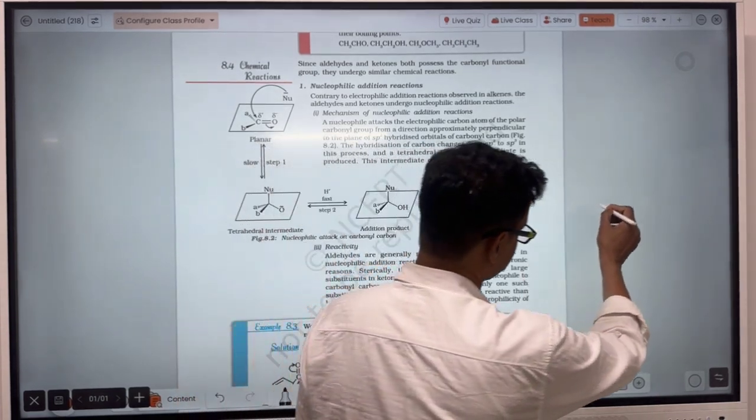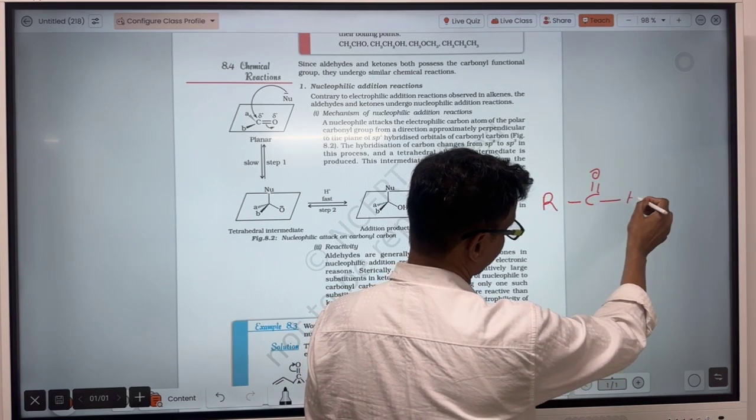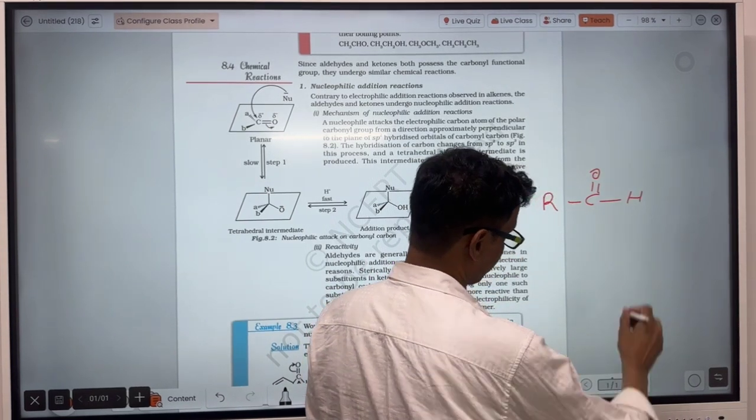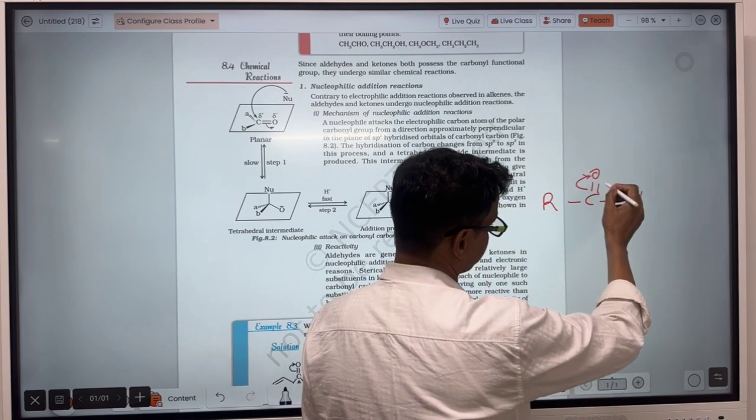Why? Watch this acyclic carbon here: in aldehyde there is an alkyl group and a hydrogen atom. How is this molecule polar? This molecule is polar. Why?